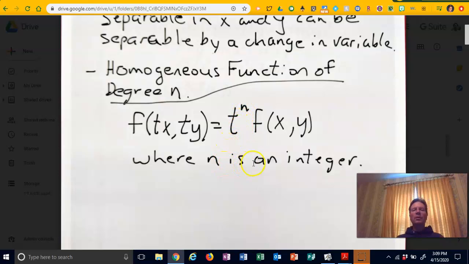So you have some original function f of x, y, which means it's a function of x and y. It's all mixed up. And if you replace all the x's with tx and all the y's with ty, and if you're able to turn that into the original f of x y multiplied by t to the nth power, then that's what we mean by a homogeneous function of degree n.